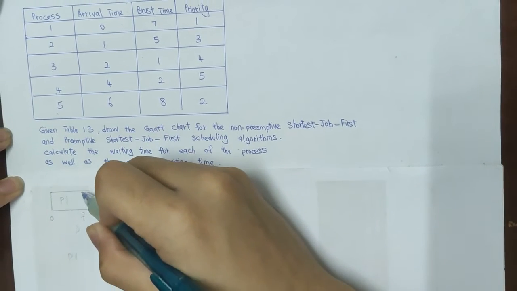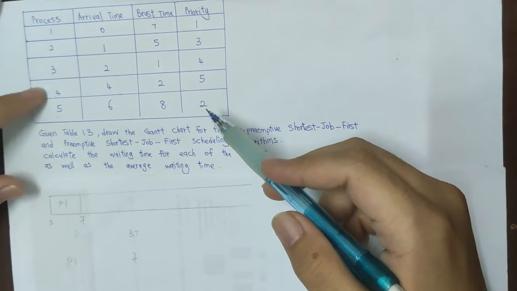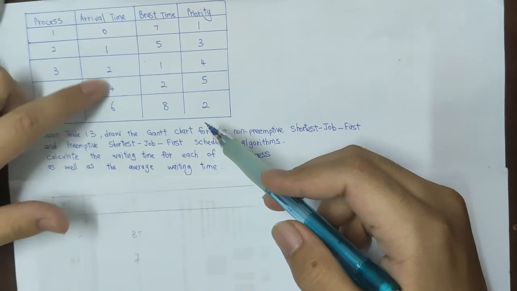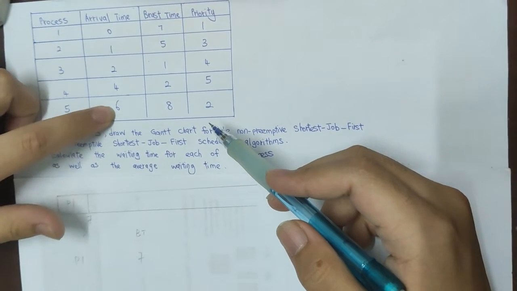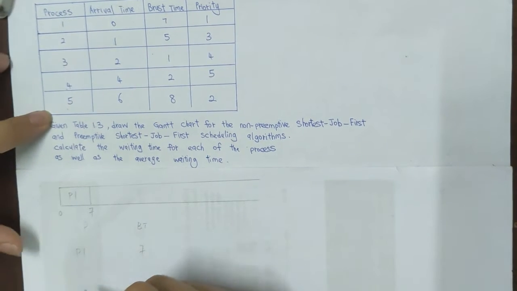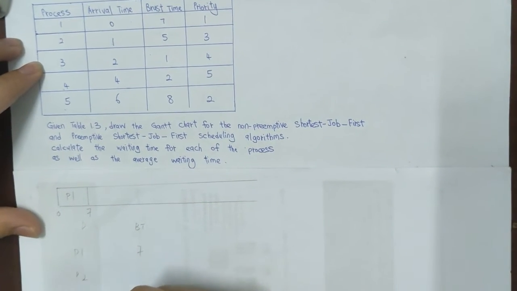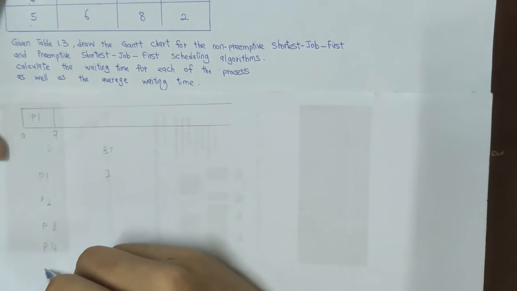So 0 to 7, and at 7 milliseconds all of the processes have arrived, as their arrival times are all smaller than 7. We arrange them by arrival time: P2, P3, P4 and P5.